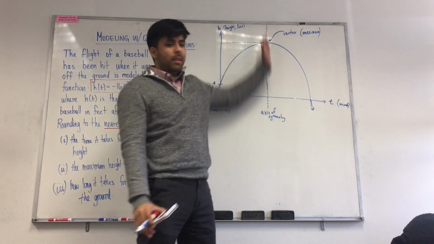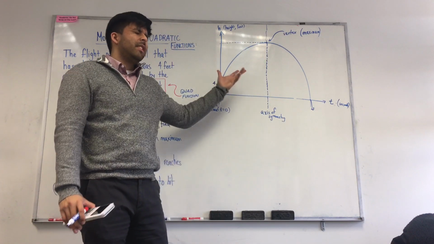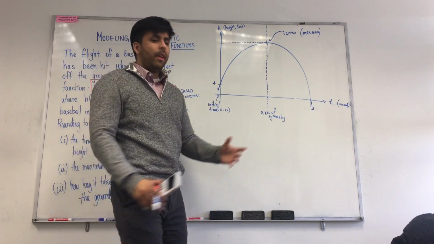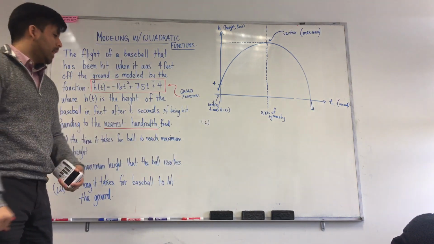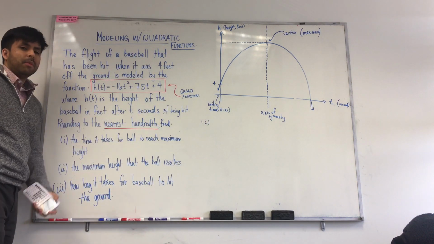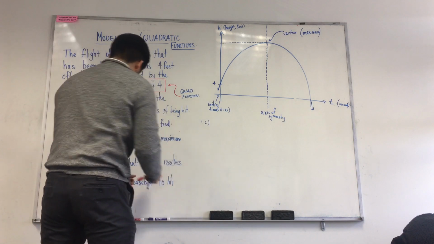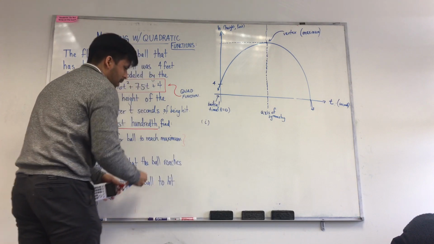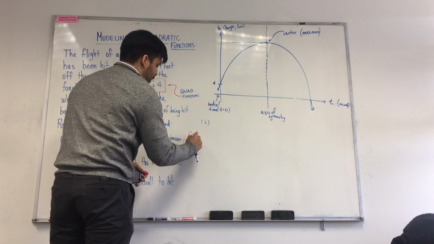So whatever the axis of symmetry is, that will be the x value, or in this case the t value, of this vertex. And how do we find that? This is going to be the first thing. What I'm trying to say is, the first part of this problem is really asking you, without actually saying it, to find the axis of symmetry.